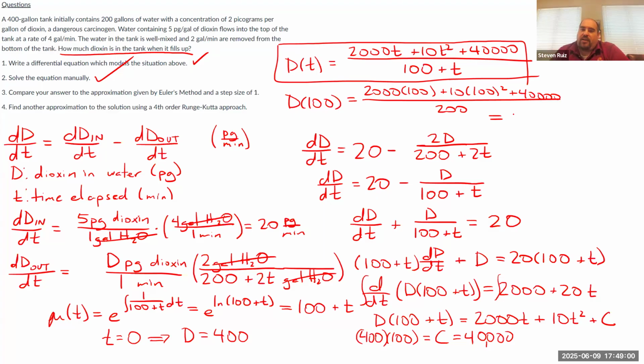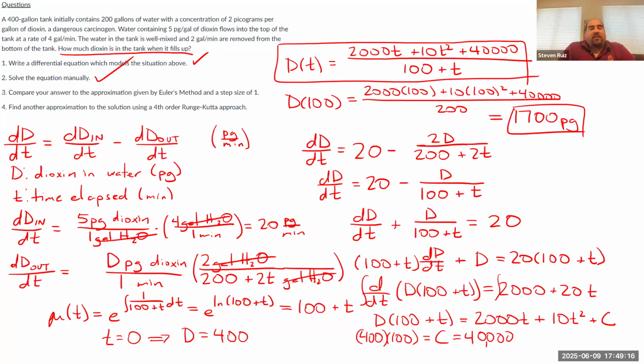I get 1,700 picograms of dioxin. So that is my exact answer. So when I solve this analytically, I get 1,700 picograms of dioxin.